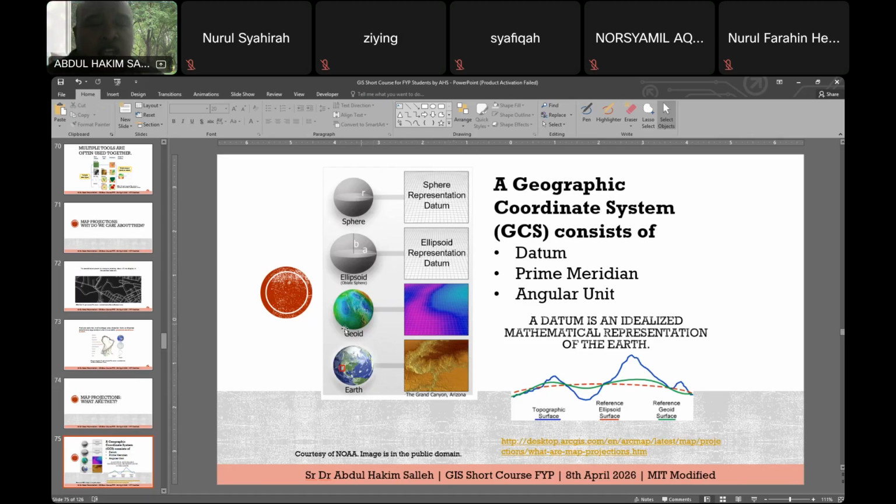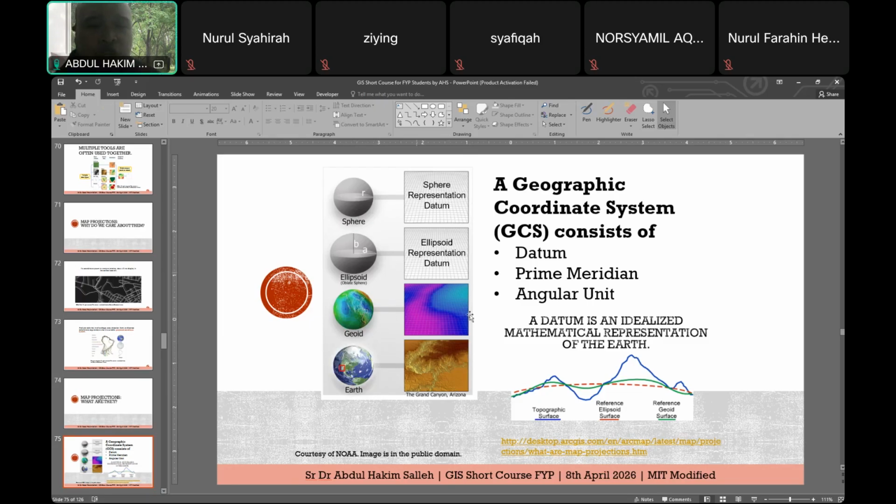Okay, it is more like an ostrich egg actually, because the Earth is spinning, and due to the centrifugal force of the entire Earth, the equator is much bulkier, okay, than the pole.